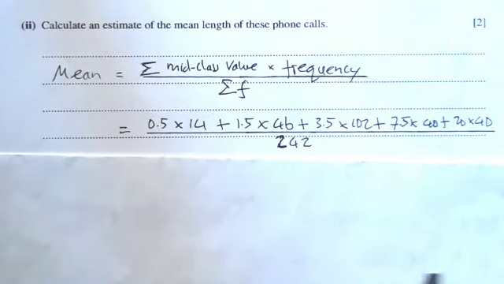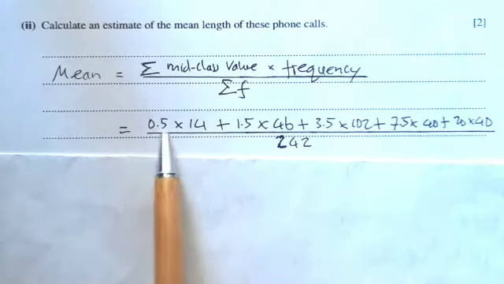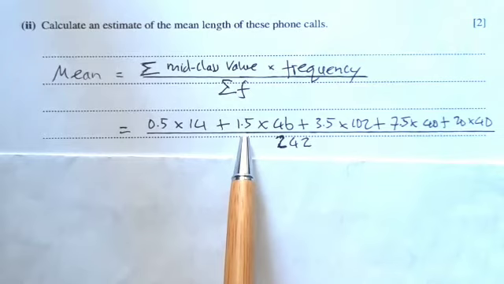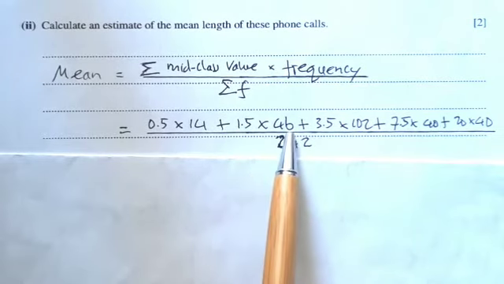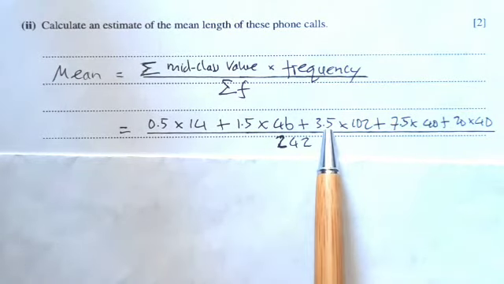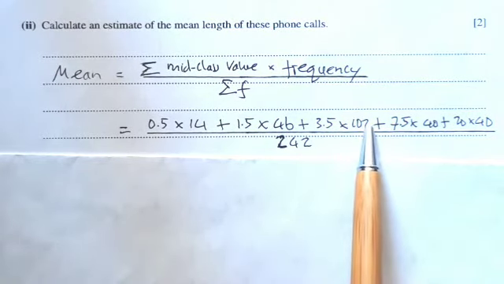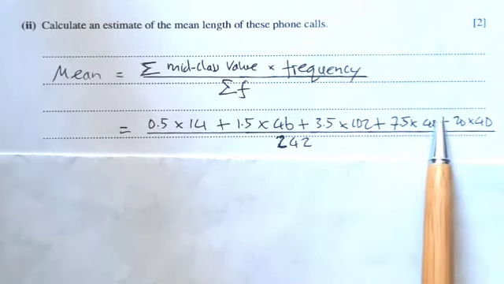The first class, time from 0 to 1, the mid value is 0.5 times the frequency 14. The second class, time from 1 to 2, the mid value is 1.5 times 46. The third class, the mid value is 3.5 times frequency 102. The fourth class, mid value 7.5 times the frequency 40.